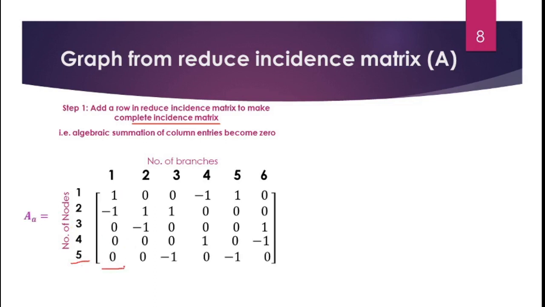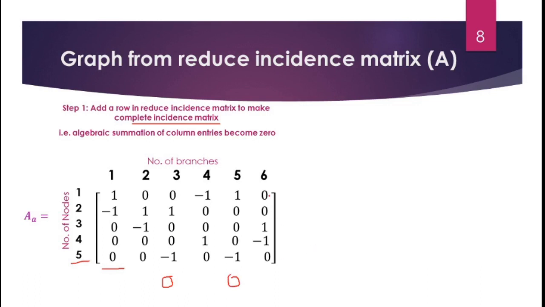The algebraic sum of column entries should be 0. 1 minus 1, 0. 1 minus 1, 0. Here it is 1, and we add minus 1, so it becomes 0. Minus 1, 1, 0. 1, here we add minus 1, so it becomes 0.